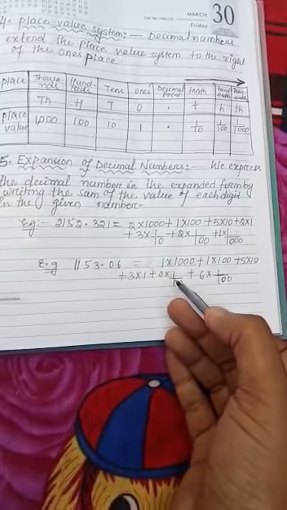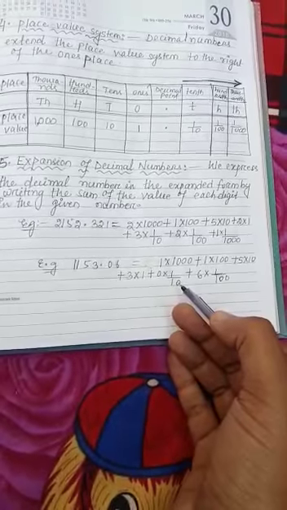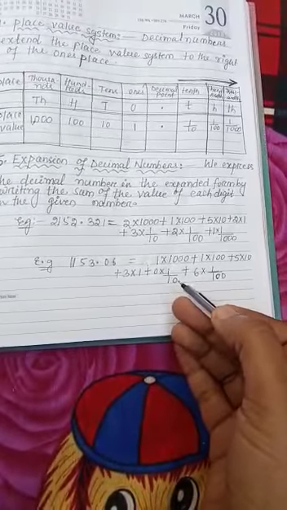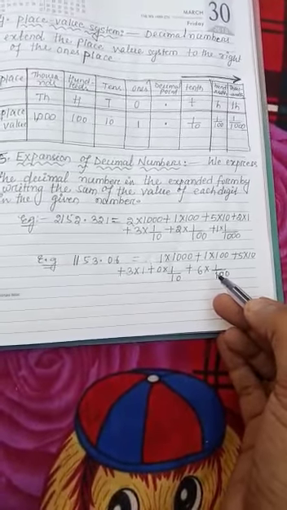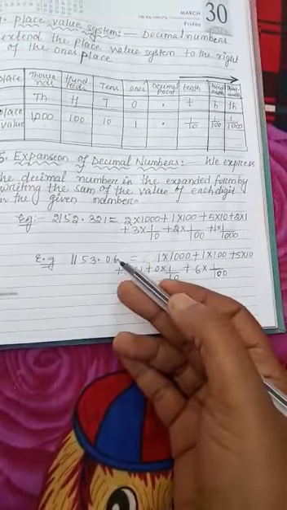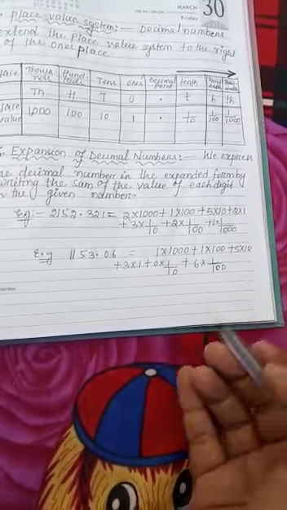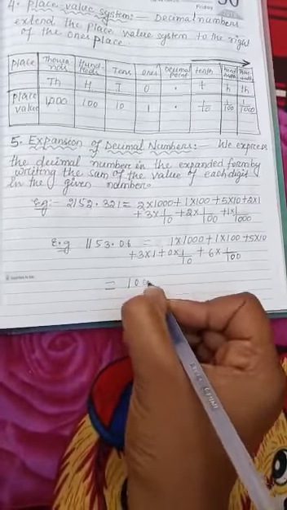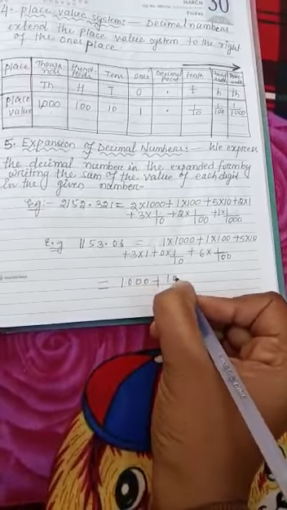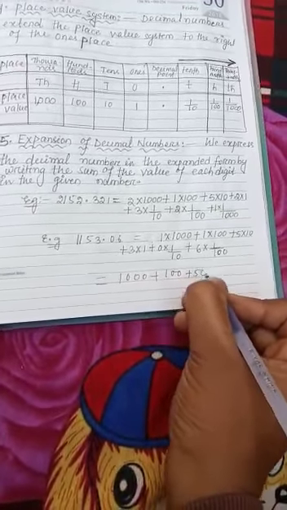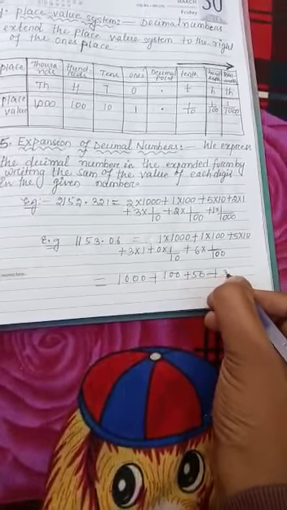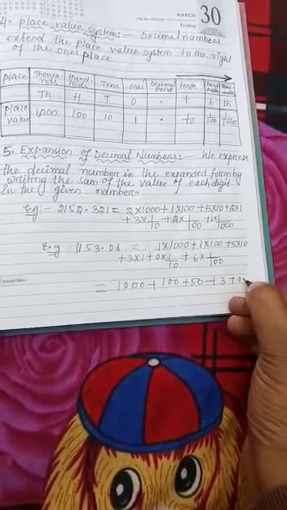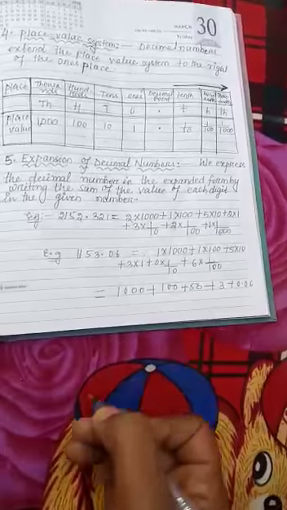Then 0 into 1 by 10. 0 has no value but we have written 0 into 1 by 10, plus 6 into 1 by 100. The place value of 6 is 6/100. So you can write it in one more line: 1 into 1000 that is 1000, plus 100, plus 5 into 10 that is 50, plus 3 into 1 that is 3, plus 0.06. You can write like this.